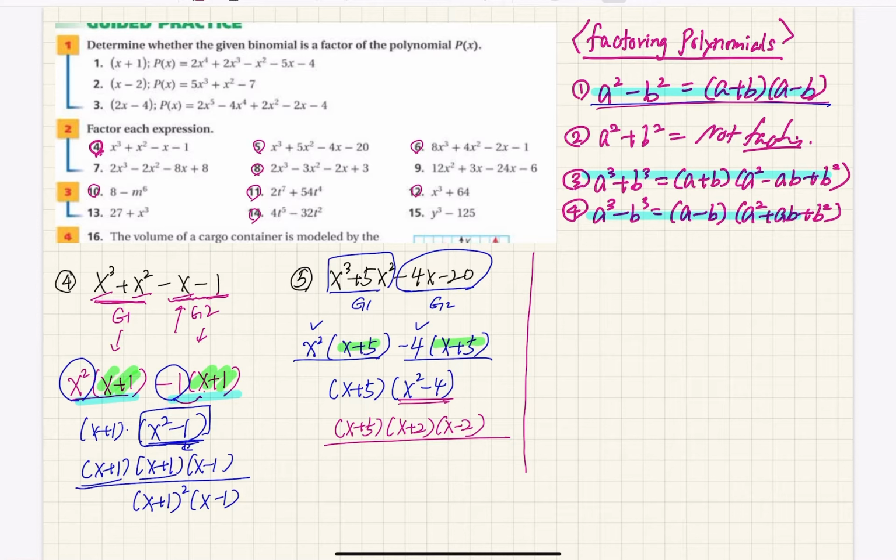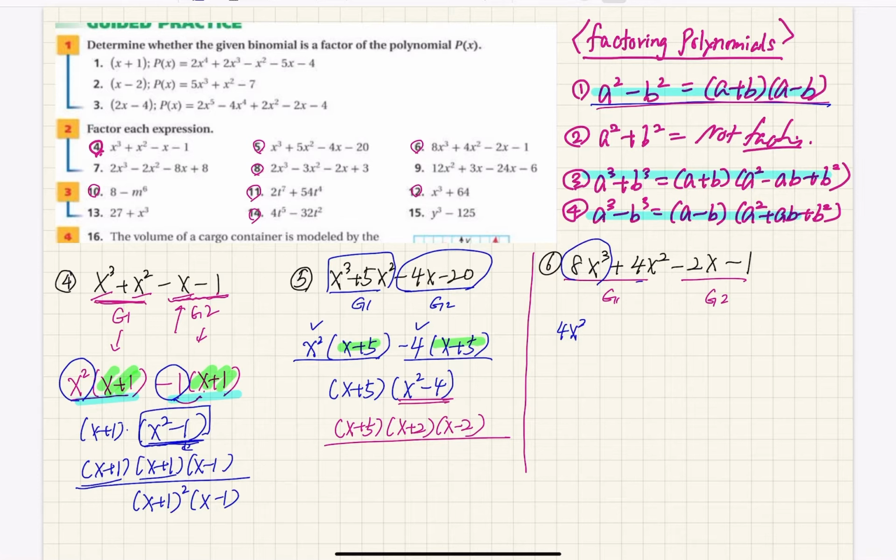One more. Number 6. Eight x cubed plus 4x squared minus 2x minus 1. Because there are four terms, I'm going to try the grouping method. Group 1 and group 2. In the first group, you can take out 4x squared as a common factor, right?